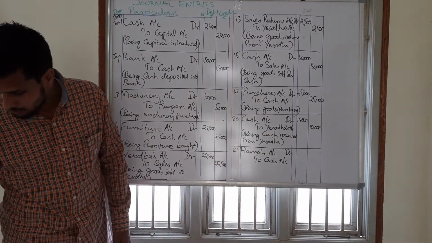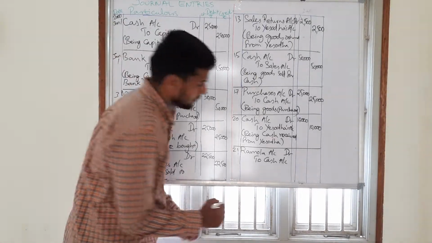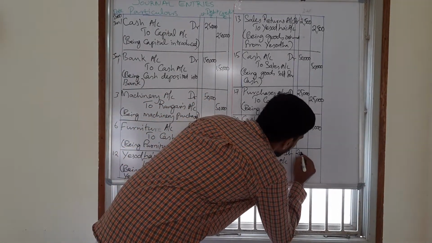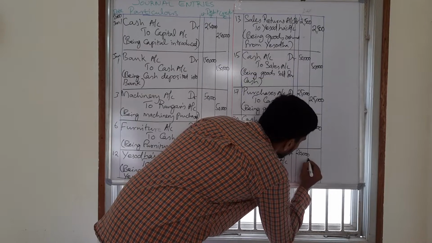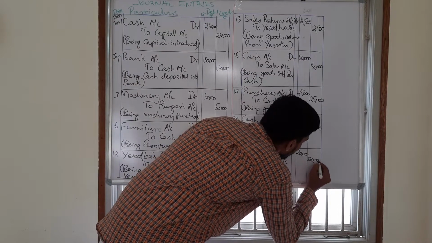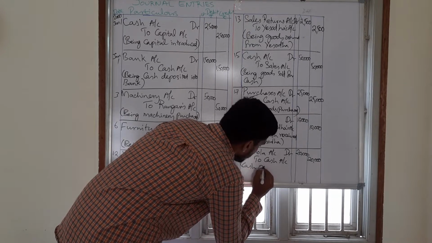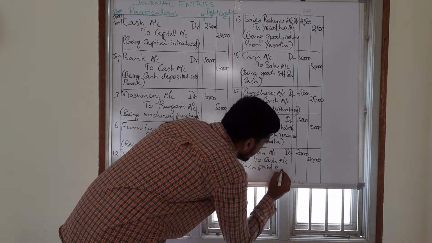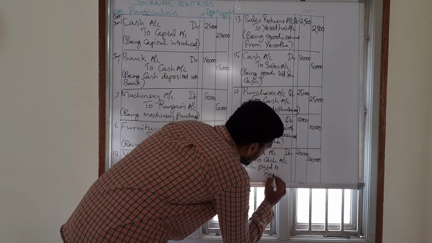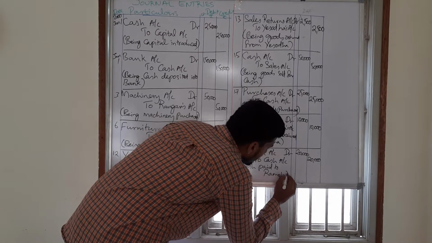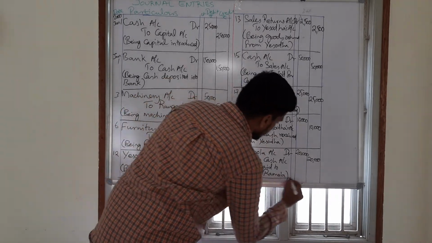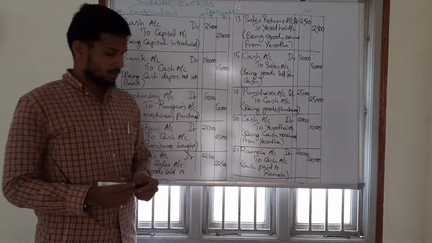How much? 20,000. Cash paid to Ramala. Okay.